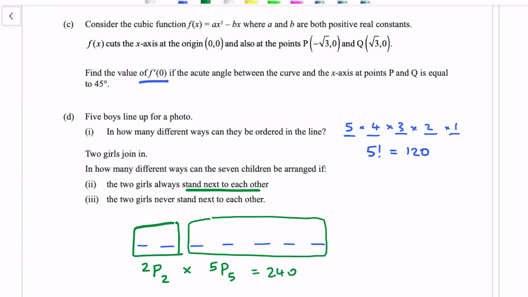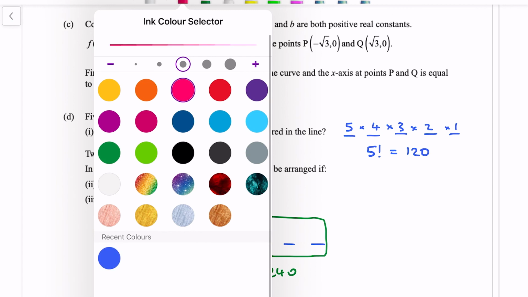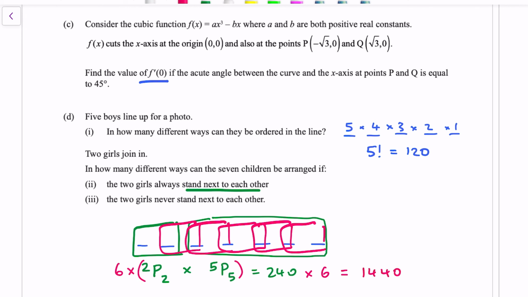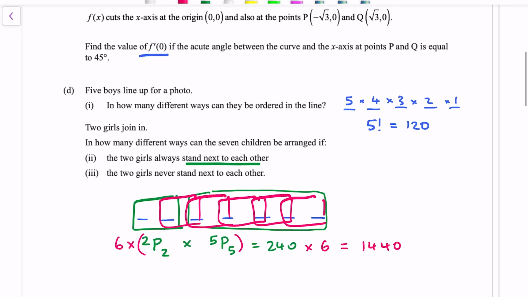But then of course you have to consider the fact that those girls could be in any of 6 different places. So we times that by 6 and we get 1,440. That's the answer to the question. And then the last part, 2 girls never stand next to each other.